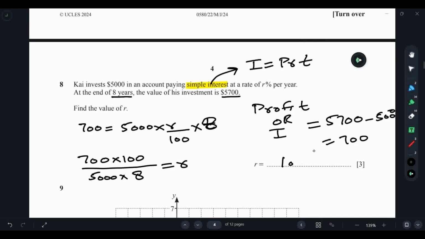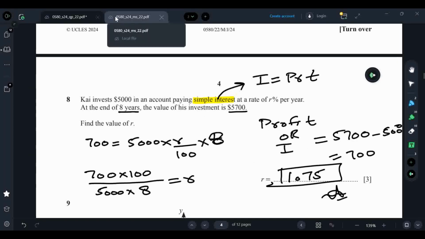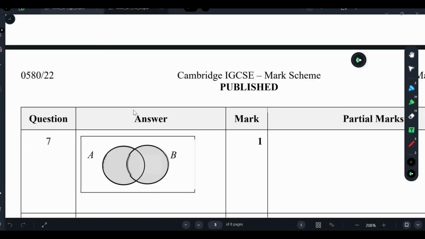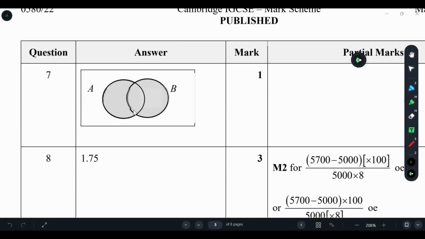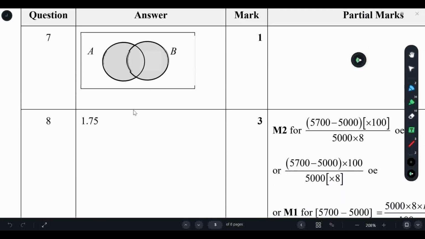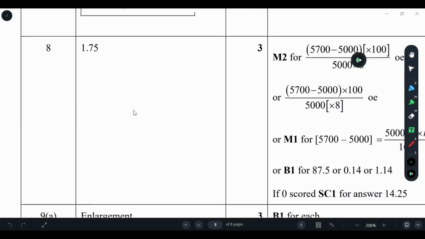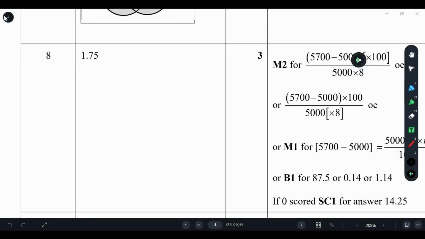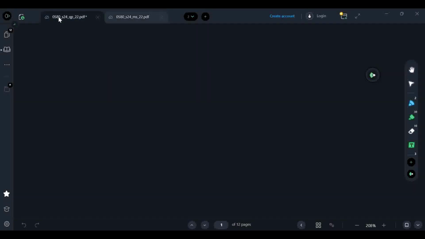So R will be equal to 1.75. This will be the final answer. Now let's check in the marking scheme. Our answer is 1.75, and we can see that the answer is 1.75 for question number 8. Let's move to question number 9.